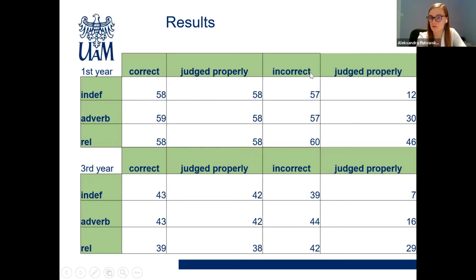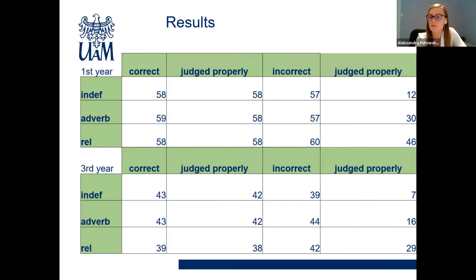However, concerning incorrect sentences, we can observe that, for example, out of 57 incorrect sentences with indefinite articles, only 12 were recognized by the participants as incorrect. Then 30 out of 57 sentences, including adverbs, were judged properly, and 46 out of 60 sentences with relative clauses were judged properly. So there is a significant difference in judging correct and incorrect sentences.